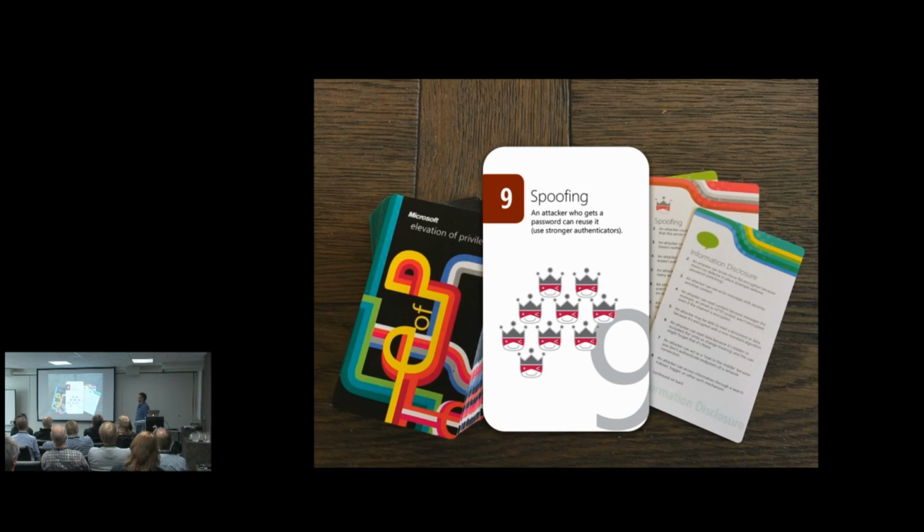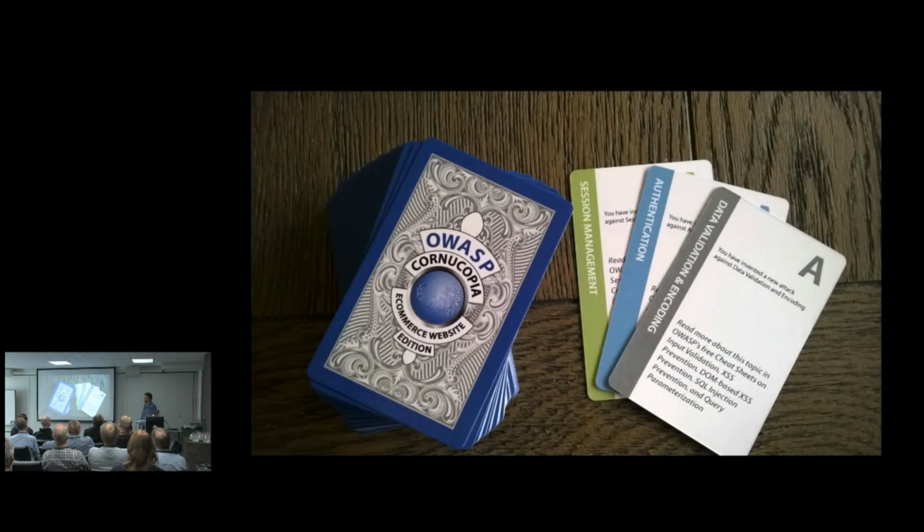Of course, the goal of this tool is to help you find threats, not to win the game, but you can gamify it a bit. OWASP has come out with a similar thing called Cornucopia, which is more angled towards web applications, while the Microsoft version is for every kind of application. So they're very much the same, they just have a slightly different focus.